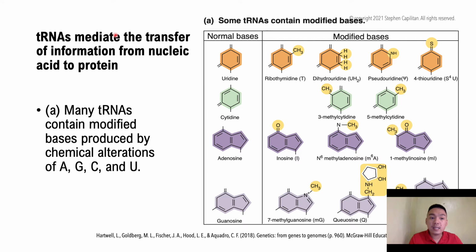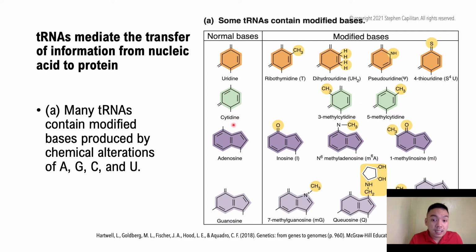And tRNAs, again, have modified bases produced by the chemical alterations of your adenosine, cytidine, uridine, and guanosine. These are the normal bases. And then the modified bases of uridine are your ribothymidine, the dihydrouridine, pseudouridine, 4-thiouridine.